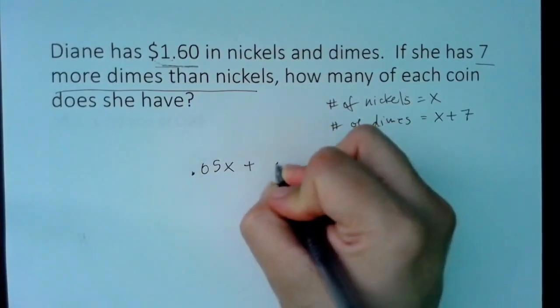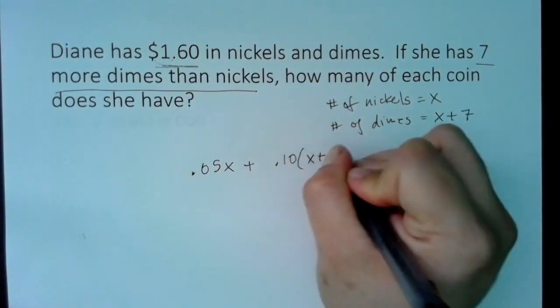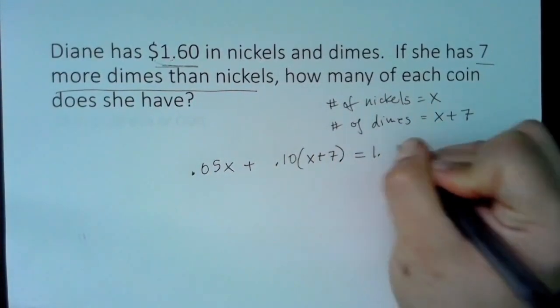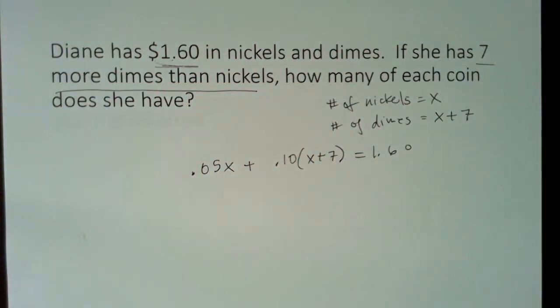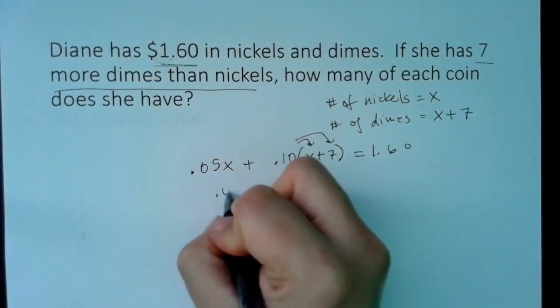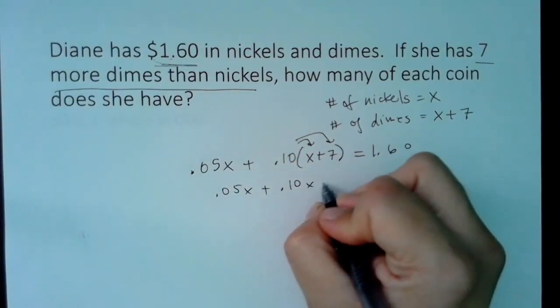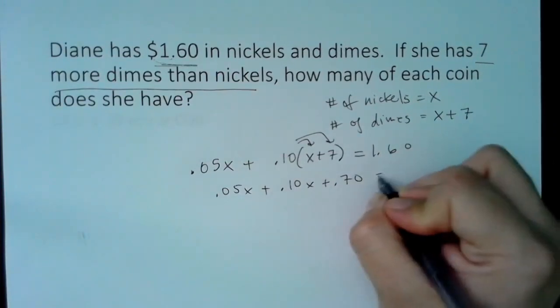So 0.05x plus the value of the dime times the quantity x plus 7, and all that is going to be $1.60. So that's the first step, and then we need to solve it. Let's go ahead and distribute 0.10. So this is 0.05x plus 0.10x plus 0.70 is equal to 1.60.